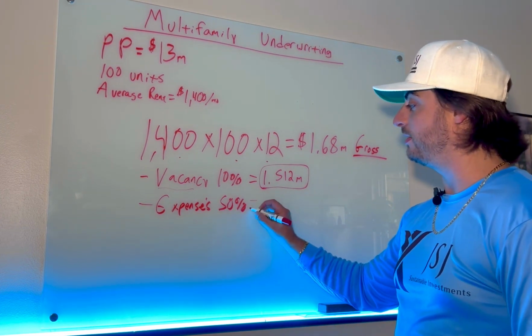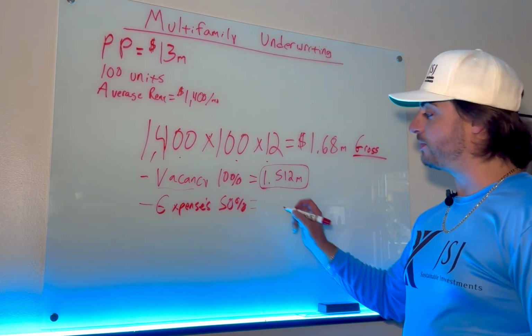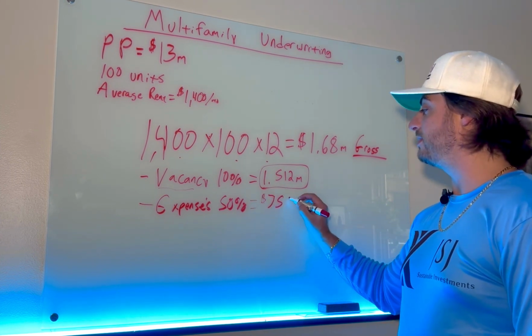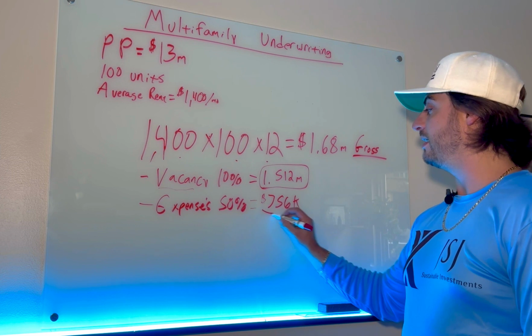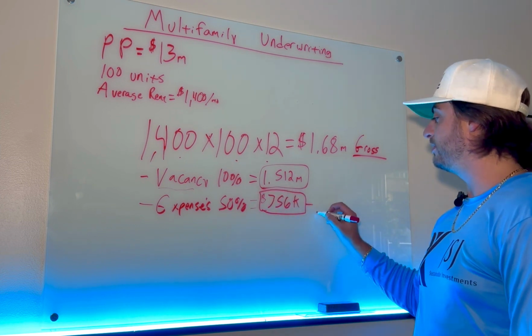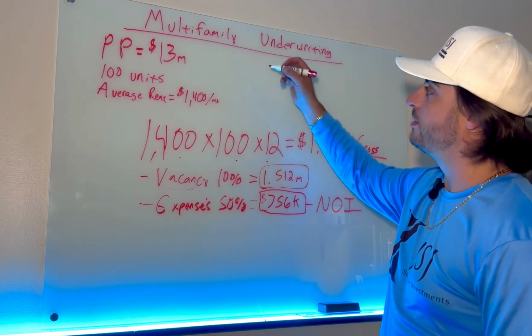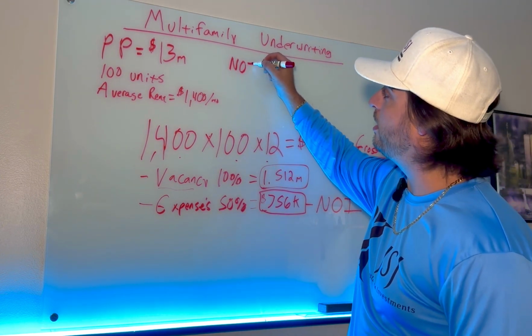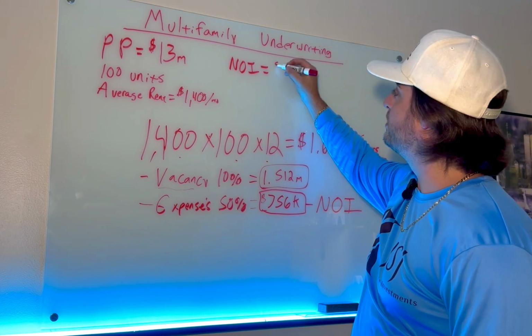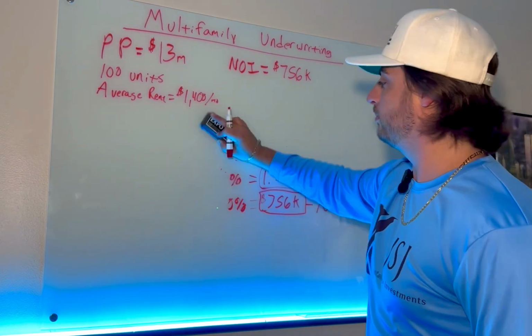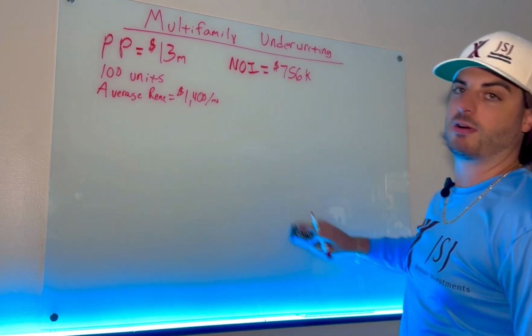All of that's included in here. So if we take out 50%, we now have $756,000. And this number right here, this is our NOI, our net operating income. So let's add it up here. Our NOI equals 756K.